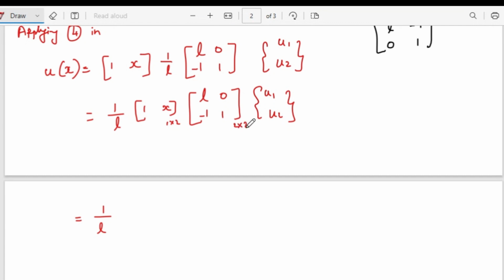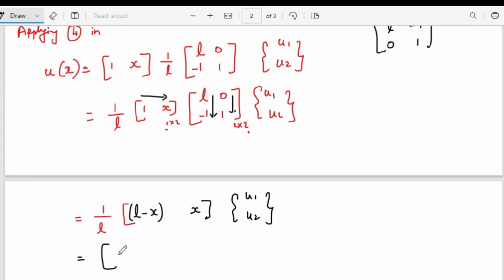This is a 2 cross 2. So if I multiply, I will get a 1 cross 2 matrix. The row into the first column: if we multiply, we will have L minus H, and the row into the second column will give only H, into u1 u2. If we take this L inside, it will be L minus H by L as the first term, and H by L as the second term. So there are two terms inside the matrix.